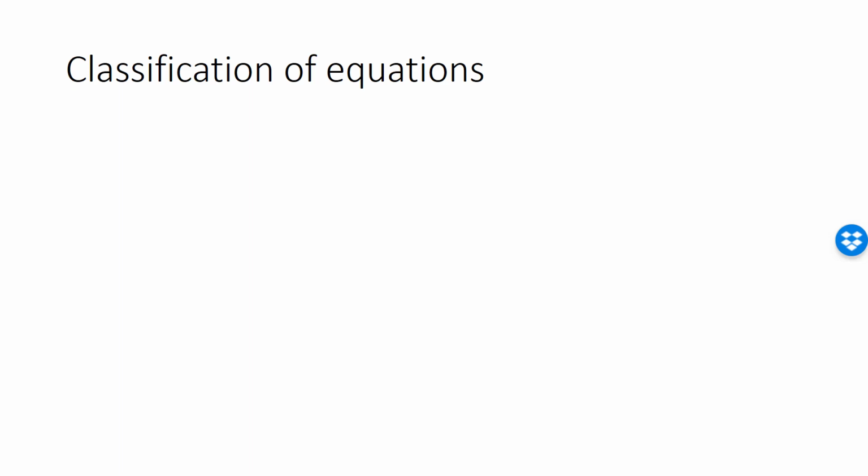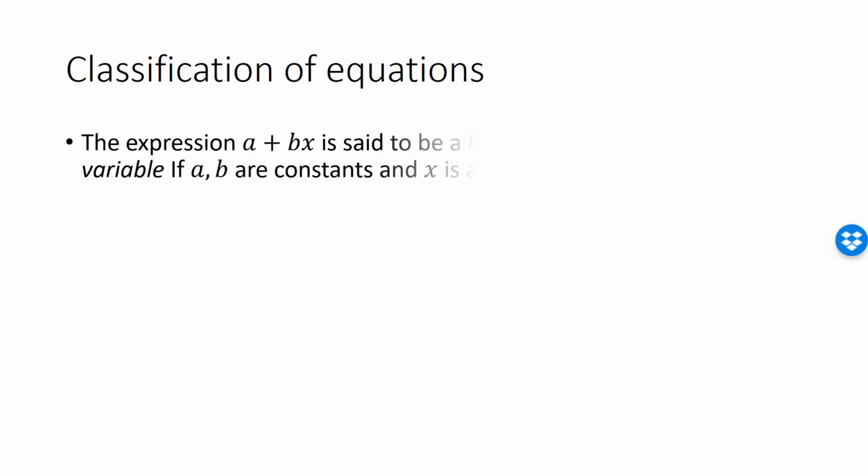In addition to the variable, we may have other symbols representing constants. We say that a mathematical expression is a linear expression, or a linear expression in the x variable, if it can be written as a plus b times x, where a and b are constants.